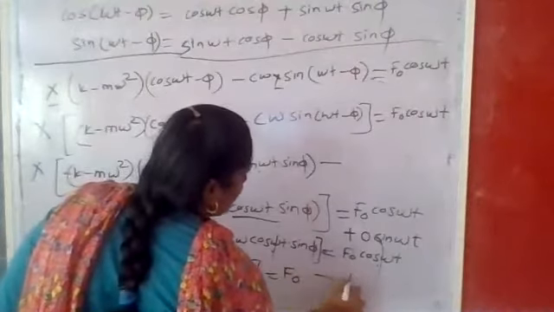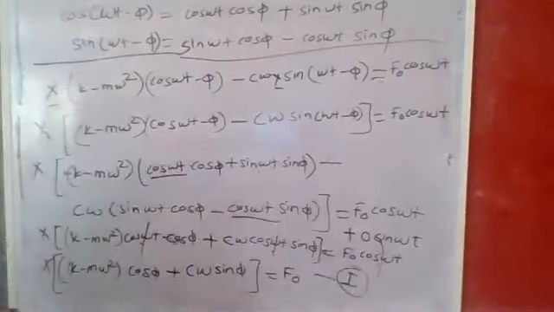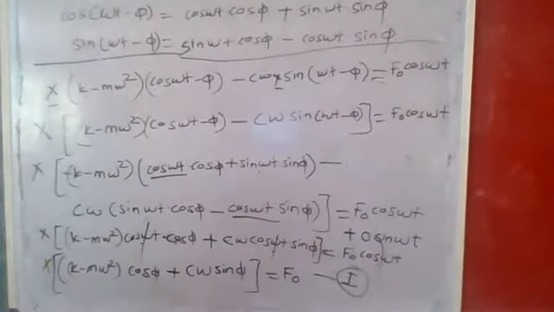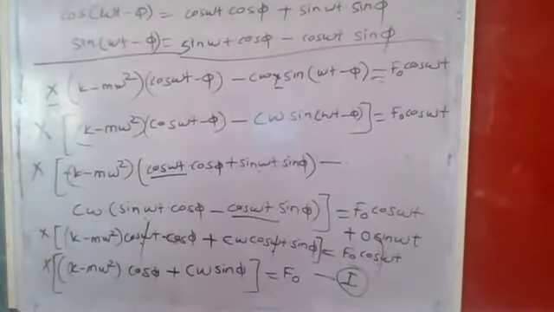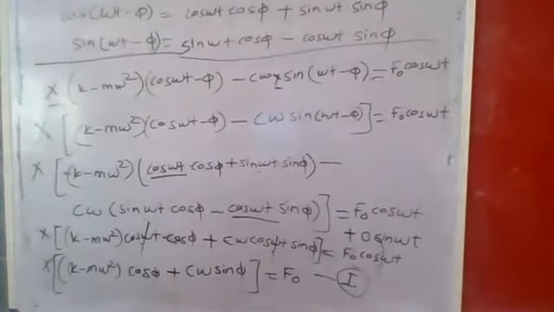So you can call it Roman numeral equation number 1. So up to this all of you write down, and in the same way we have to split this equation for the sin term also. So write down this.